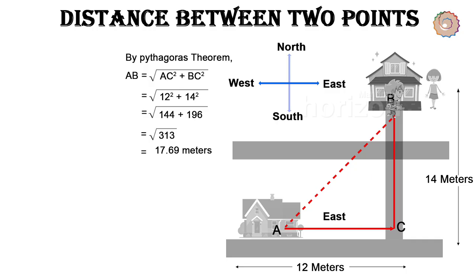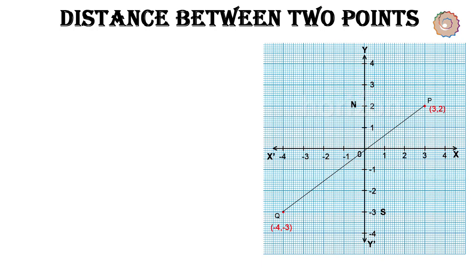In a similar way, by using Pythagoras theorem, we can find the distance between any two points in the Cartesian plane. For example, here we have 2 points with coordinates (3, 2) and (-4, 3) marked as P and Q respectively.